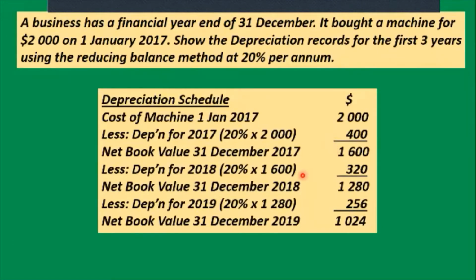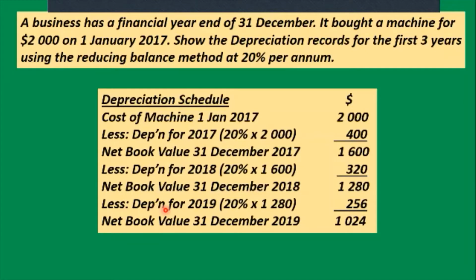We get 20% of 1600, which is 320. Again, we minus it from the 1600, and we get 1280. This is again the book value for the end of 2018.